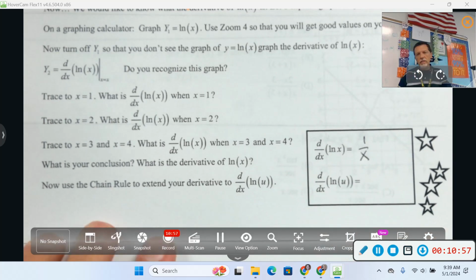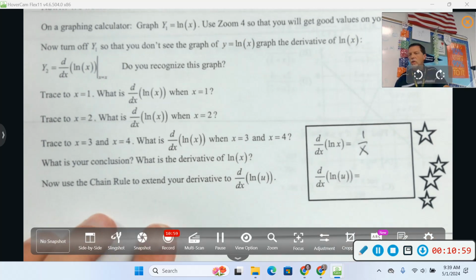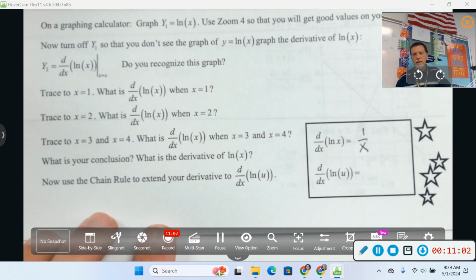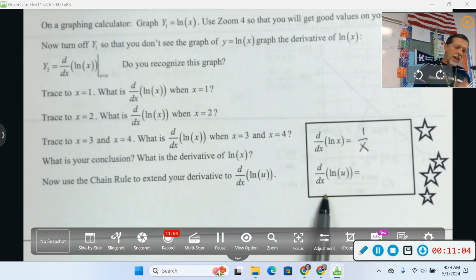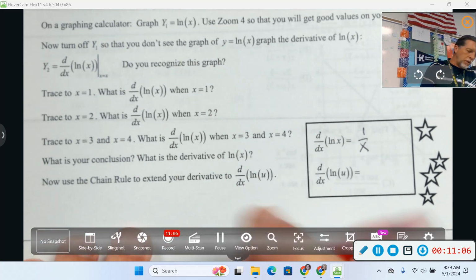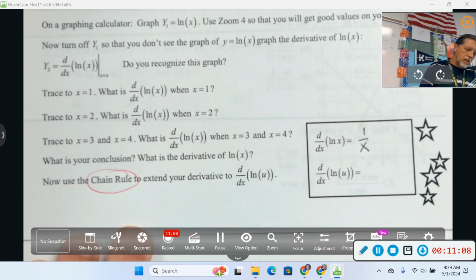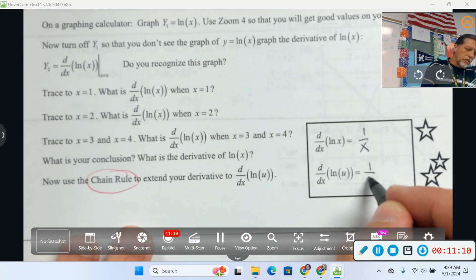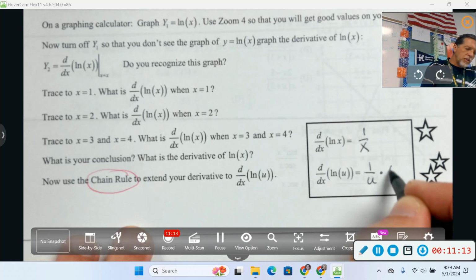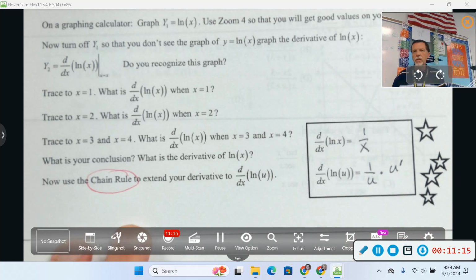So the derivative of natural log of x is 1 over x. And the derivative of natural log of u, this would be using the chain rule, is 1 over u, but then the chain rule would be multiplied by the derivative of u.